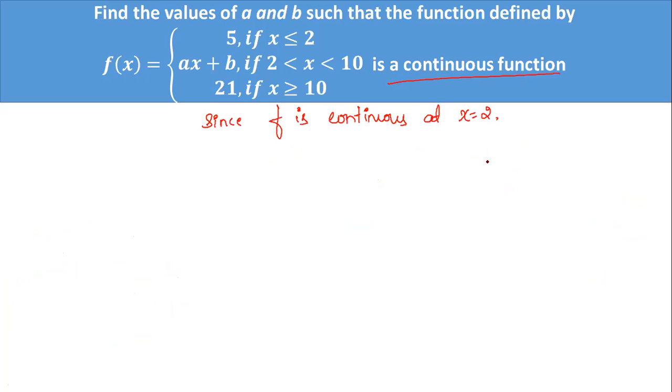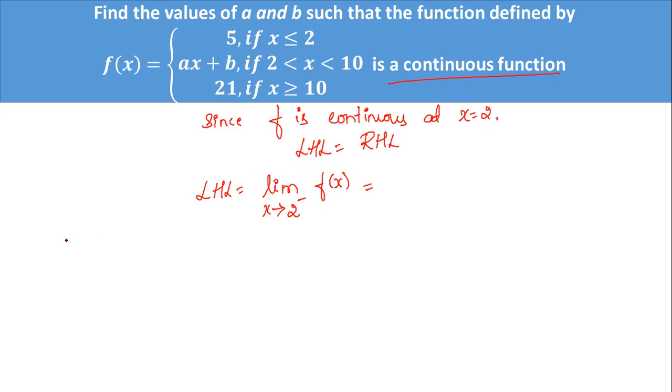Among that, I am taking one point, that point is x is equal to 2. So according to our definition, at x is equal to 2, the left hand limit should be equal to right hand limit. So what can be done? You have to find the left hand limit. So the left hand limit is the limit of f of x as x tends to 2 from the left.